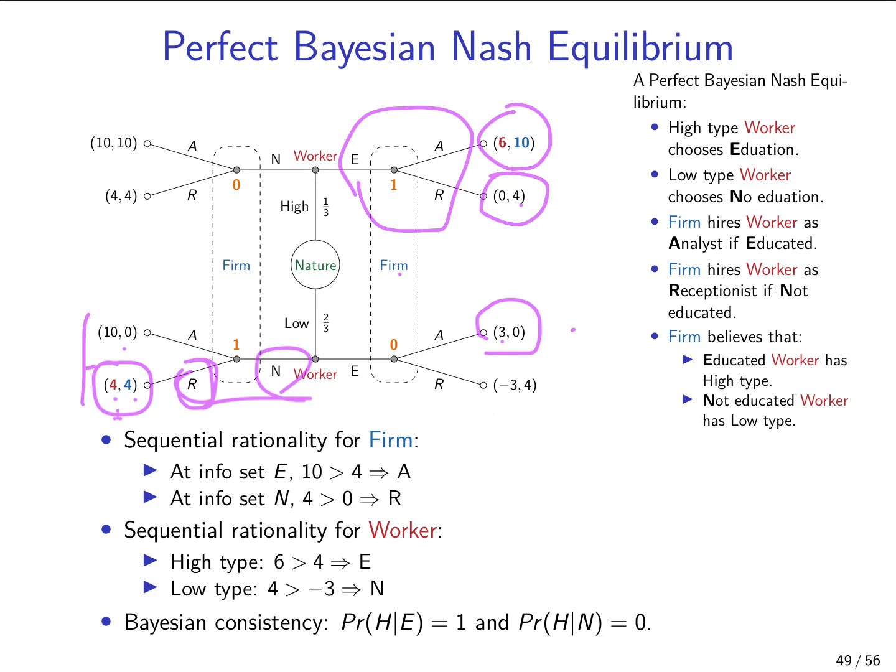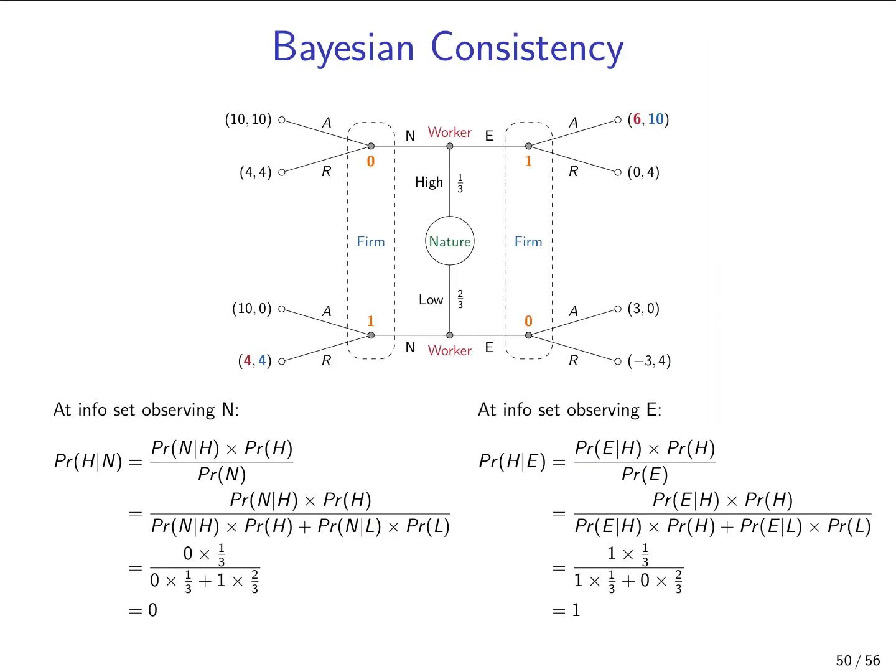In this case, the two decision nodes are both on the equilibrium path because there is positive probability they are reached. So apply Bayes' rule. After observing E, what's the probability that this is a high type? The probability of observing education is entirely driven by the high type, because this part is 0, so the calculation gives 1.